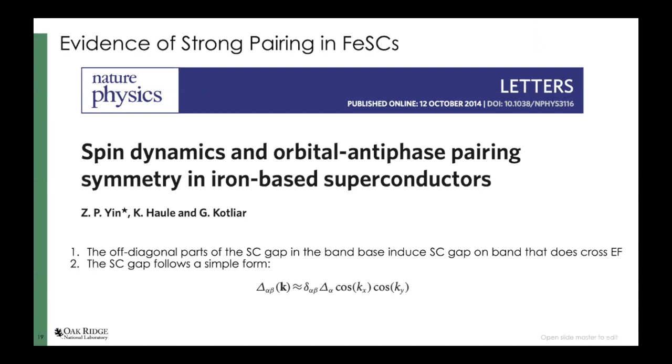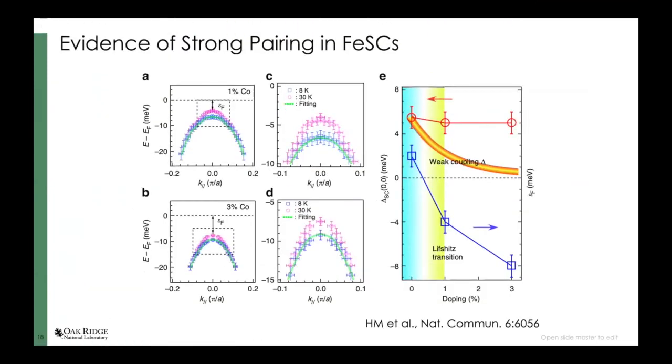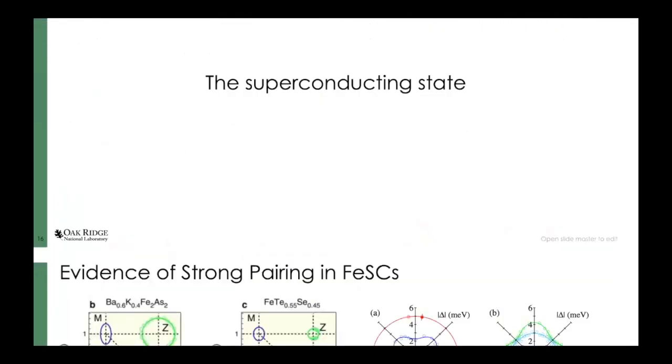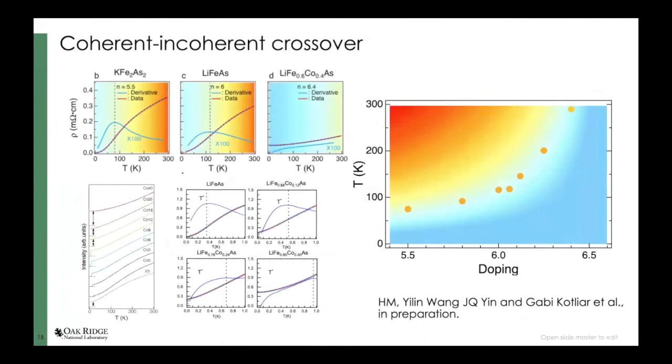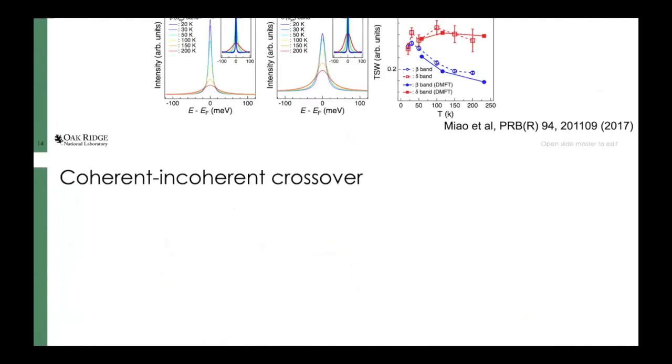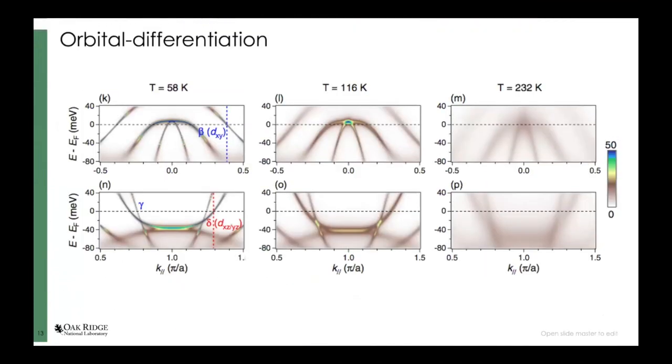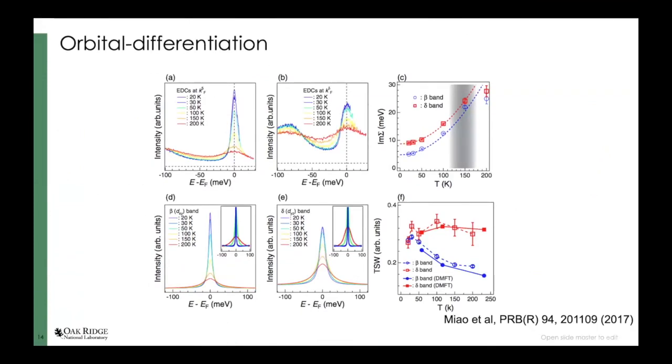I wanted to ask a question about the very beginning, when you showed this very beautiful sharp quasi-particle peak. In the upper left panel A, you seem to be able to image almost 10 meV above the Fermi level, which is kind of wonderful.